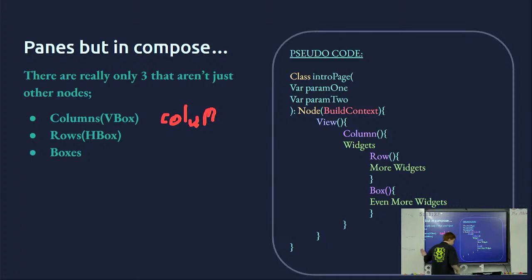Still don't know why that doesn't work. Make sure everything's attached and locked in. Pretty much a column goes from top to bottom, and rows go from left to right. And so you can have all of your content generally aligned to those two principles, or you can have it like a box.